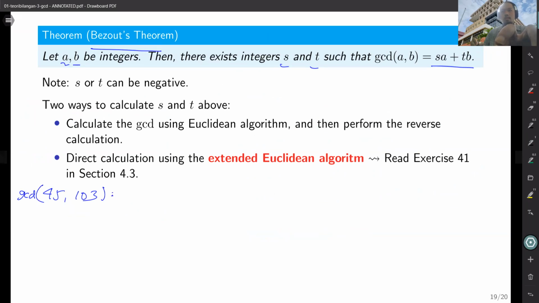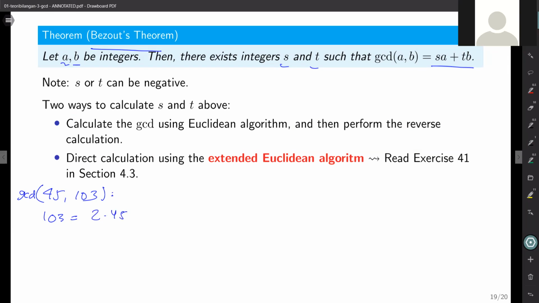So can you guys help me here? 103 is equal to, anyone? 2 times 45, correct, plus 13. Correct. And then what's next?